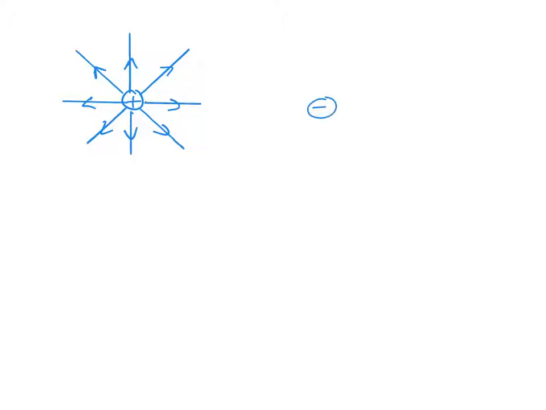In this next diagram, we look at what would happen if you had a pair of similar charges. So I've picked the negative rather than the positive that we looked at last time.